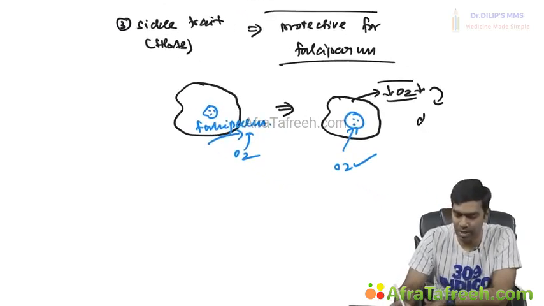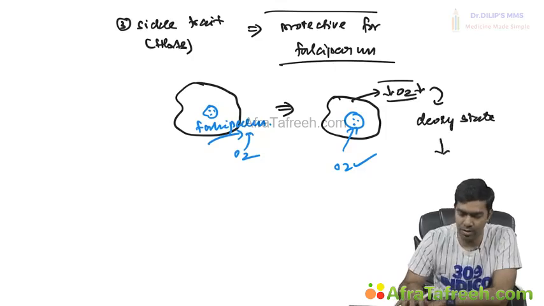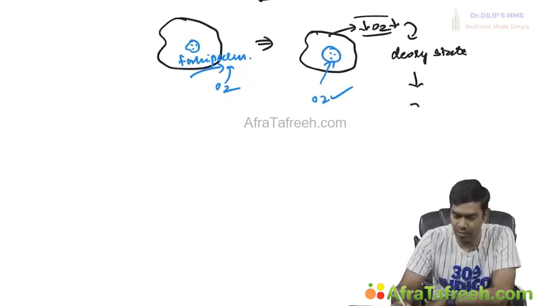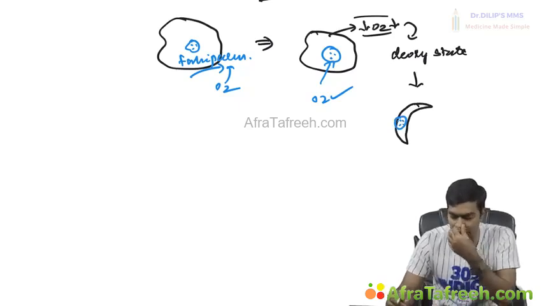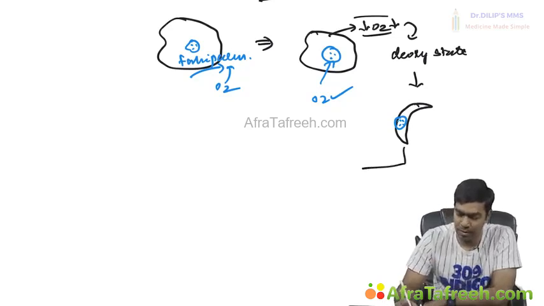Because of that, they enter the deoxy configuration. Once they enter the deoxy state, there is a lot of chance that this RBC may go for sickling. So this RBC which is having this falciparum will definitely go for sickling.